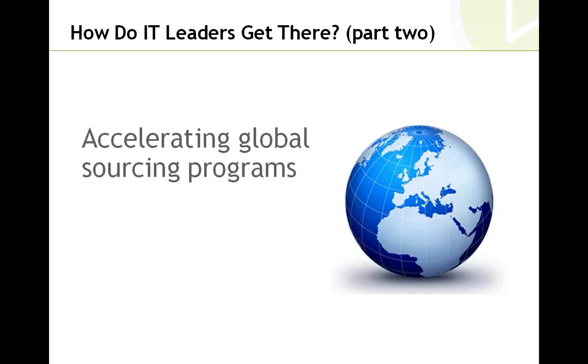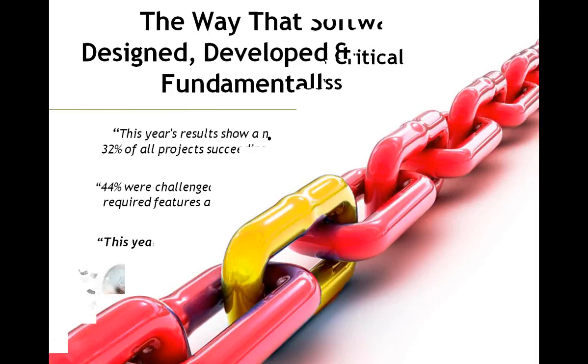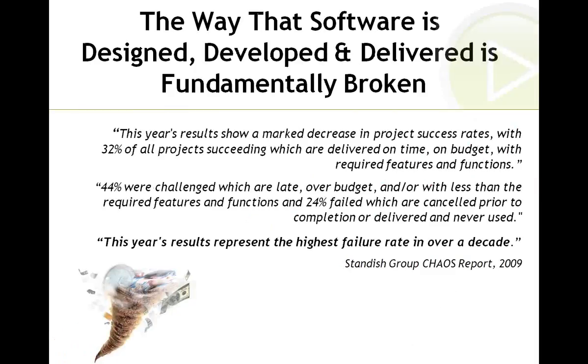Business analysts are at the front lines of these kinds of initiatives and projects. And yet, the way that business software is designed, developed, and delivered is fundamentally broken from our point of view.